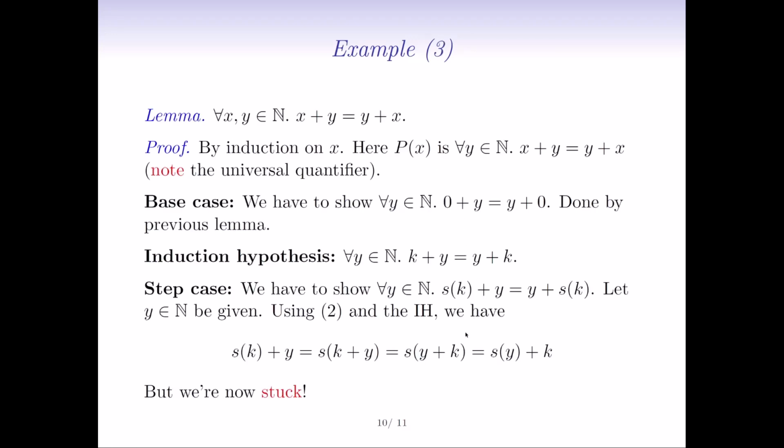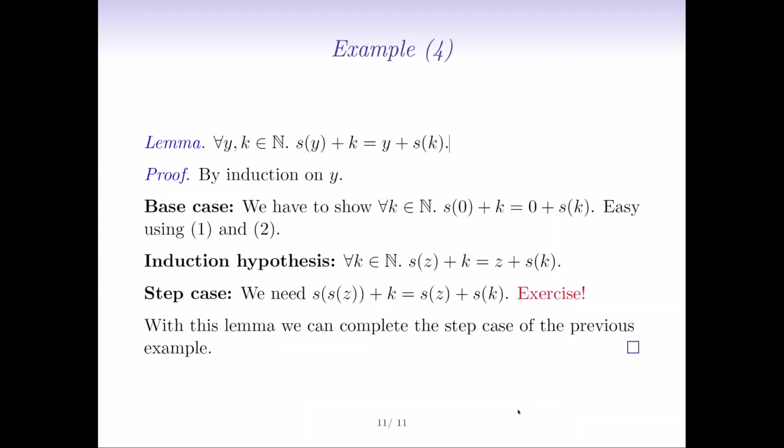If we keep track of where we had to go back to, in the step case of the induction, we had to show that successor of k plus y equals y plus successor of k. We managed to get as far as showing that the left-hand side is equal to successor of y plus k, and then by the lemma that I've asked you to finish proving as an exercise, this is equal to y plus sk, and then we're done.